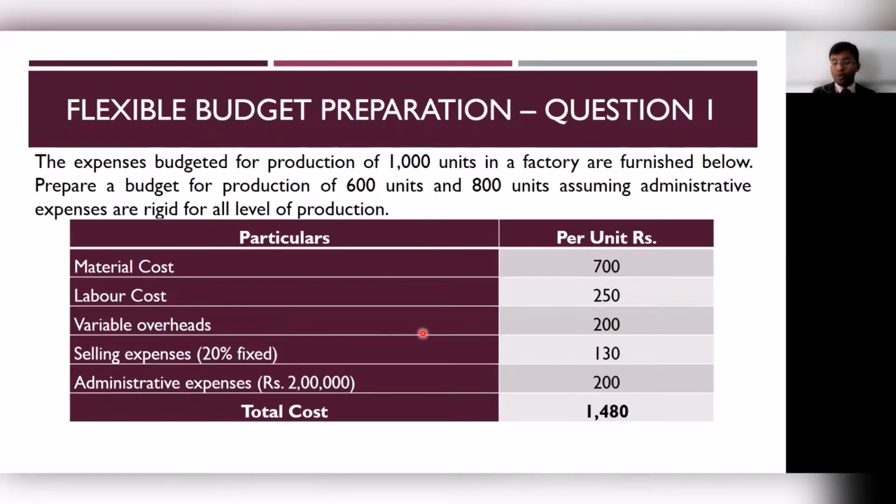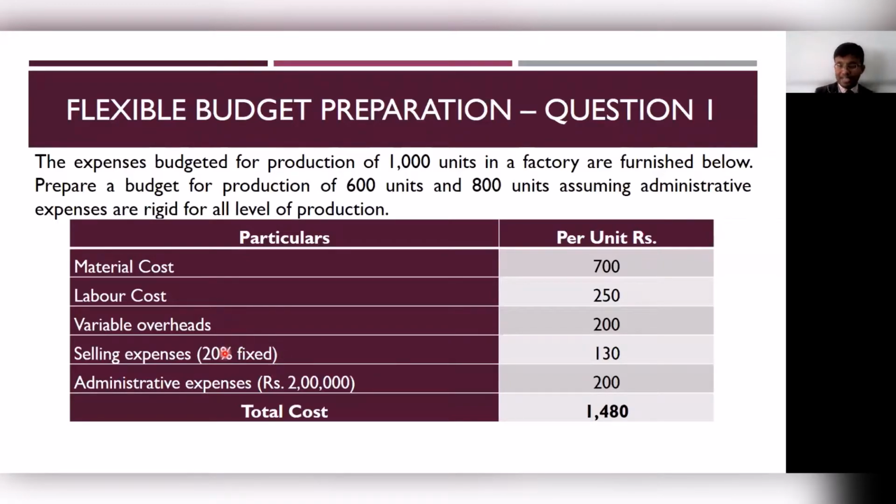They've given us variable overheads. Overheads are nothing but miscellaneous or other expenses, and here it is 200. Since the name itself is variable overhead, we know that it's a variable cost. Then you have selling expenses, and in brackets it is given as 20% fixed.